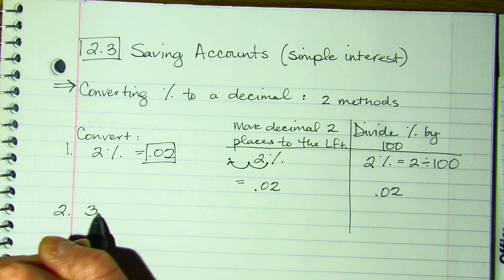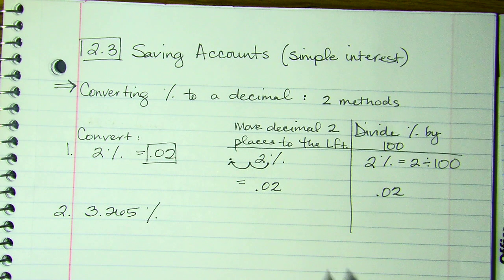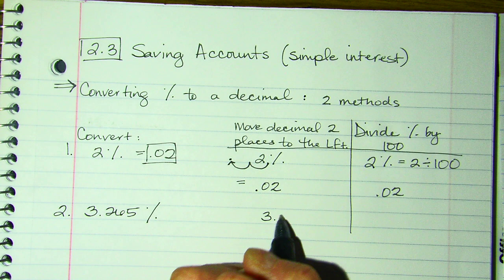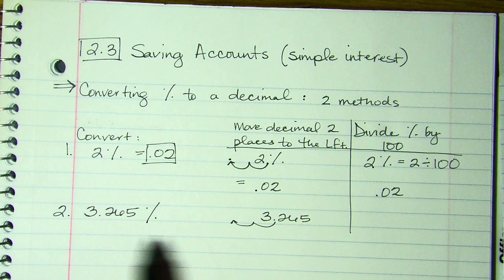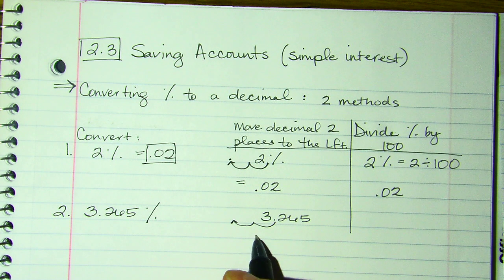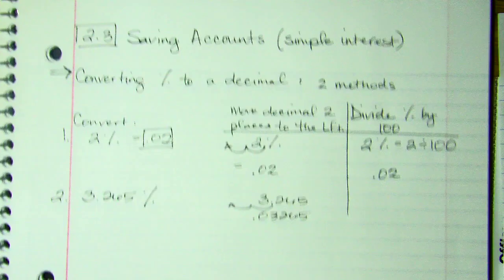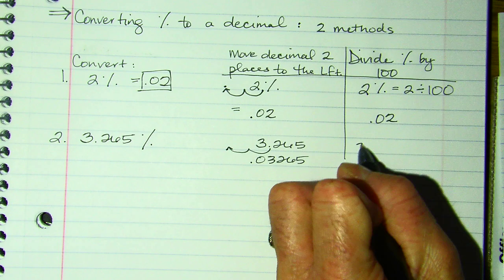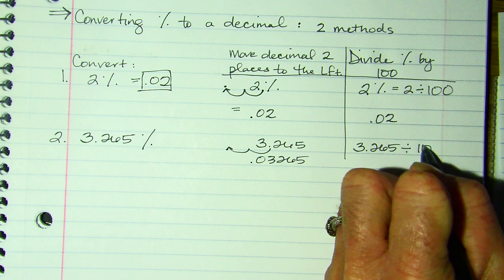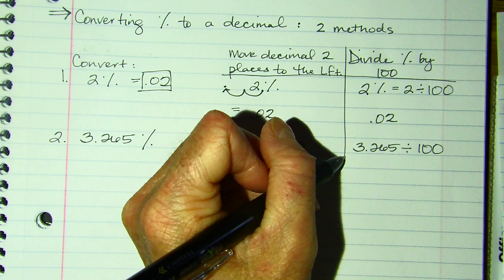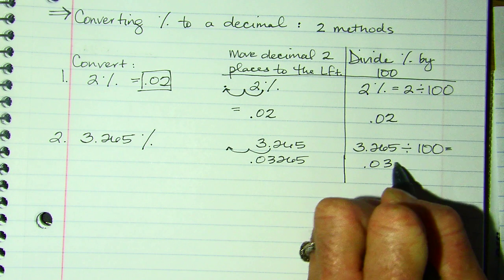The next one, 3.265%. Method 1 would be to take that number and move the decimal 2 places to the left, which would give us 0.03265. Or again, you could take whatever they give you and enter it in the calculator and divide by 100. Either method should give you the same answer of 0.03265.